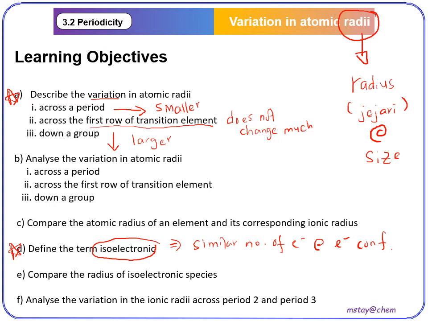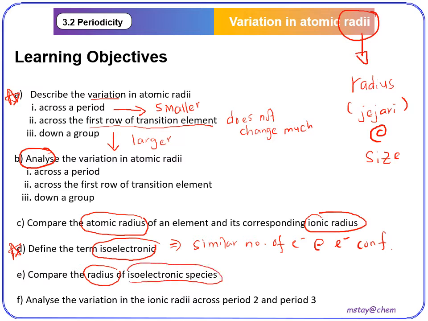In this video we are going to look in detail because we are going to analyze why across the period the size gets smaller, why the size does not change much for the transition elements, and also why going down the group the size gets bigger. Next we are going to compare the atomic radius with the ionic radius, and we also will compare the radius for the isoelectronic species.